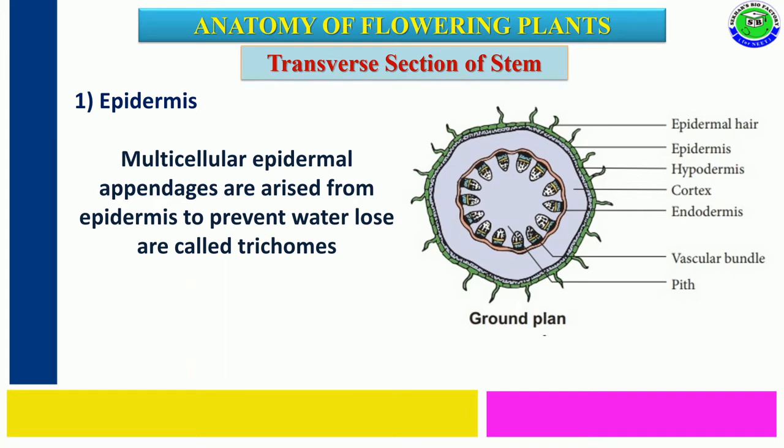The epidermis also consists of multicellular appendages called trichomes, which help to reduce water loss. The young stem may also consist of a few stomata, which help to lose water.